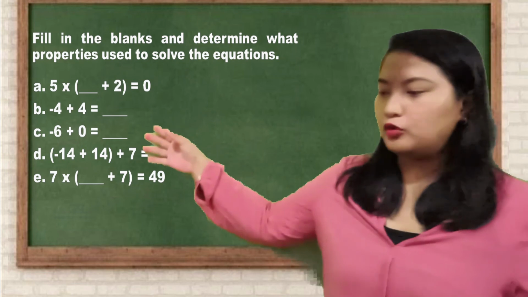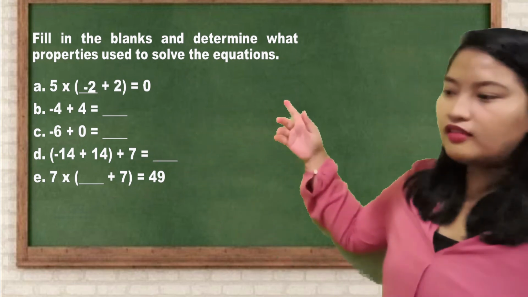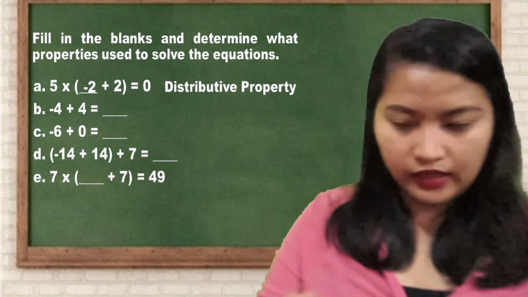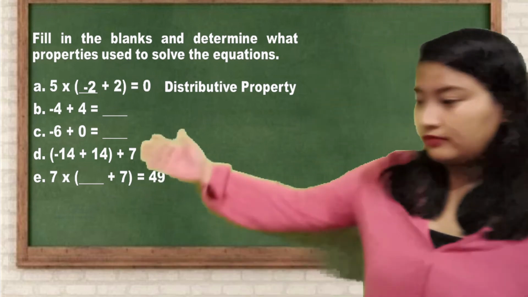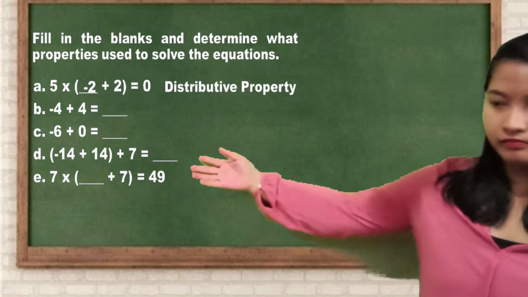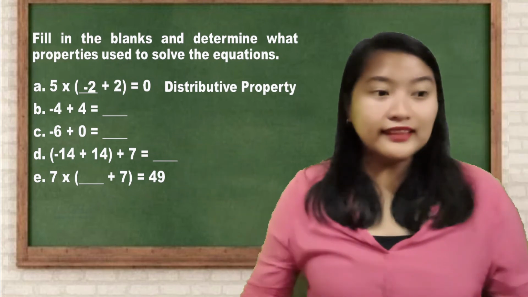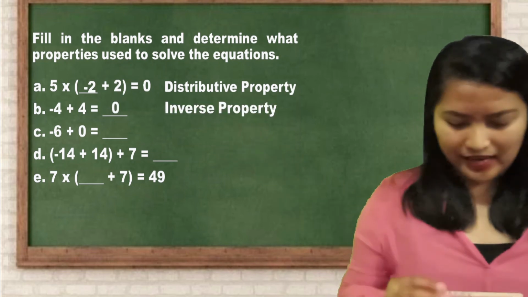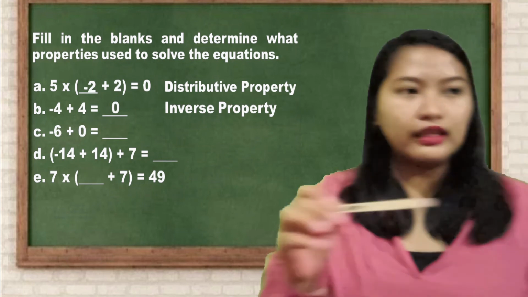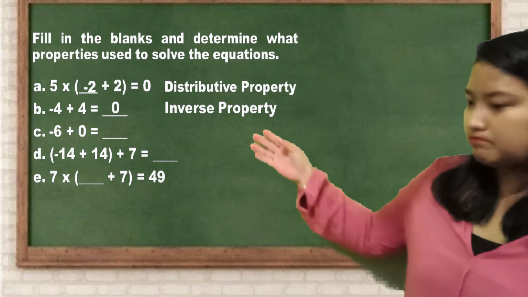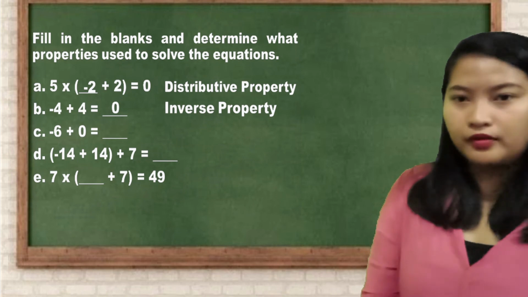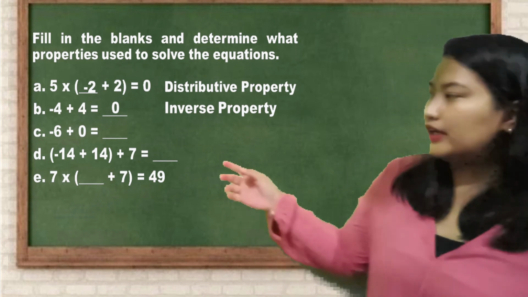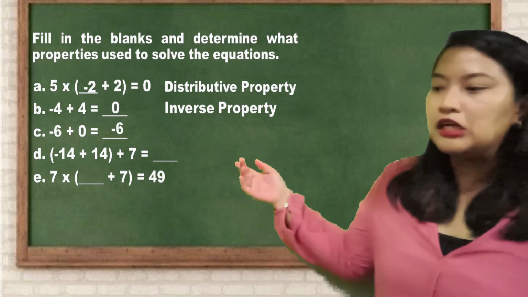The missing number is -2 and it is distributive property. Good job. Okay, second. Okay, Bella. Bella, letter B. Okay, that's right. You got 0 and the property is inverse property. Correct. Third, Larry. Yes, Larry. Very good. We have -6 and it is identity property.